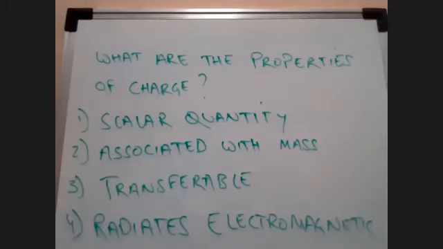The condition is that it is accelerating, an accelerated charge. An accelerated charge will always radiate energy in the form of electromagnetic waves. These are four properties. We'll go to the fifth one.